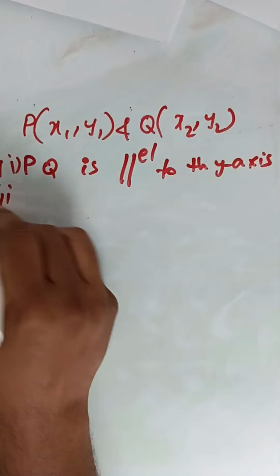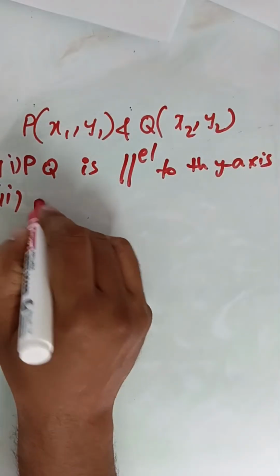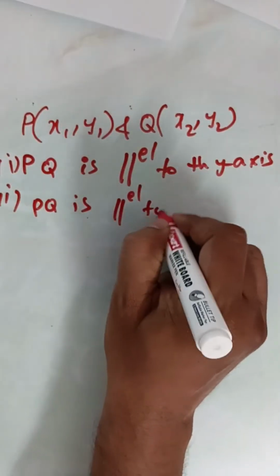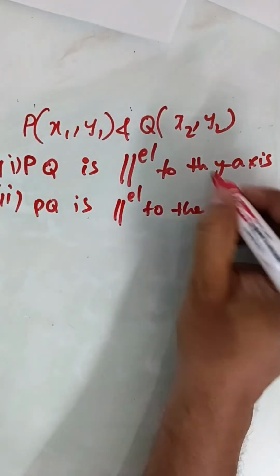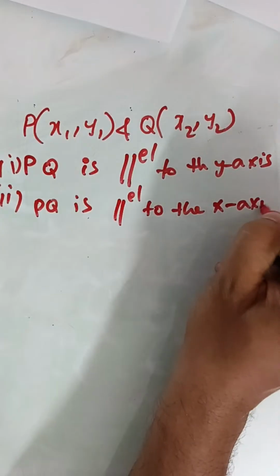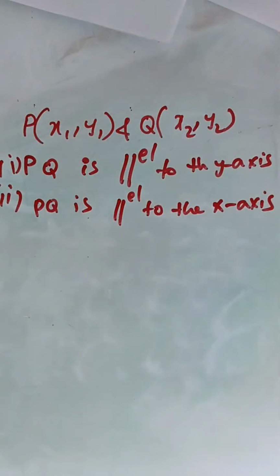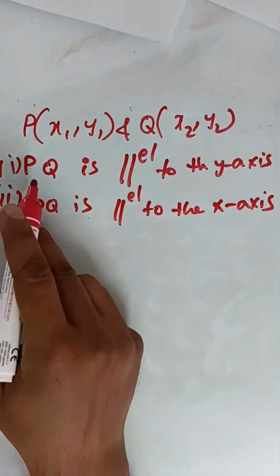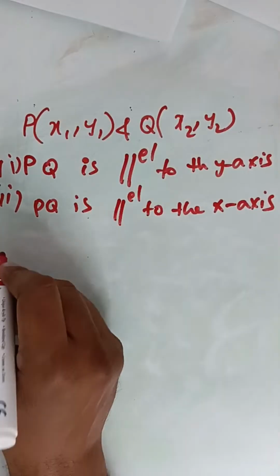The second case is when PQ is parallel to the x-axis. First one is y-axis, second one is x-axis. Now we'll see the first one, when PQ is parallel to the y-axis.